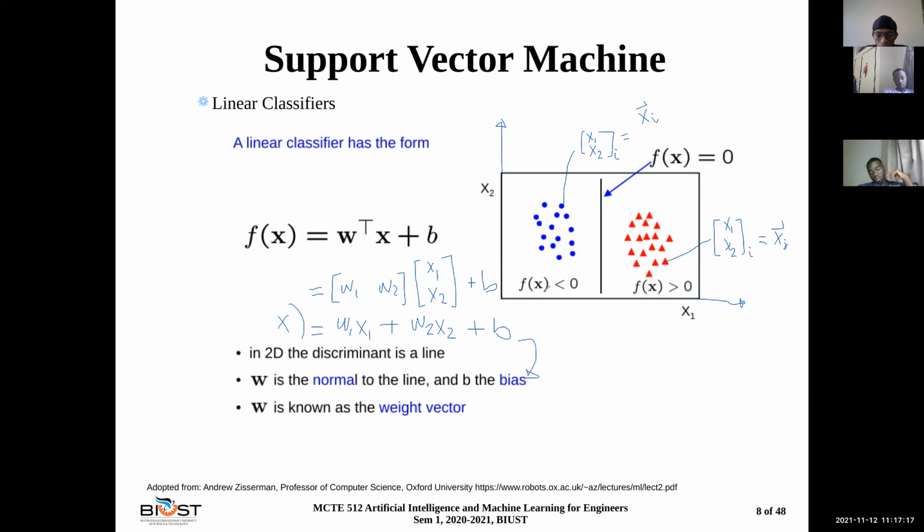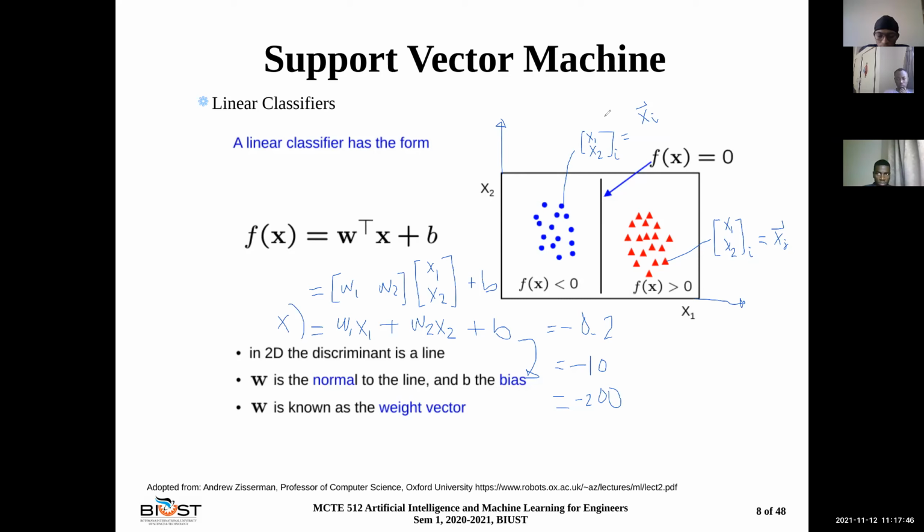For example, it could be minus 0.2, or minus 10, or minus 200. Normally your value becomes bigger and bigger as you go away from the boundary.